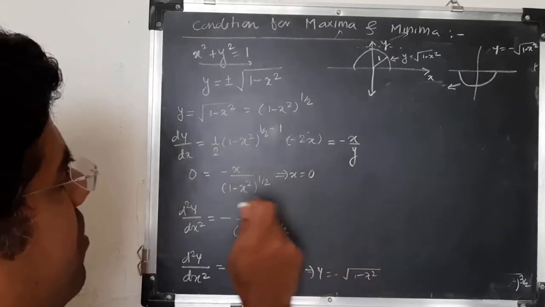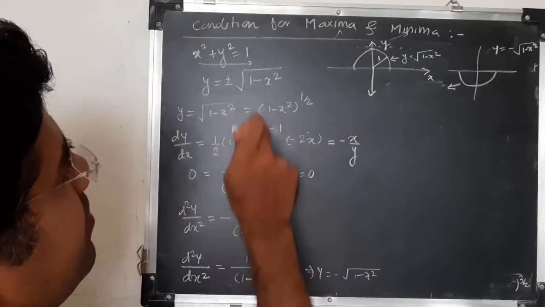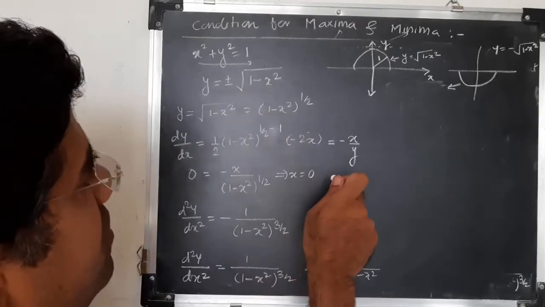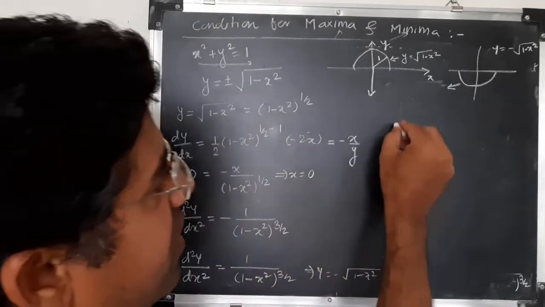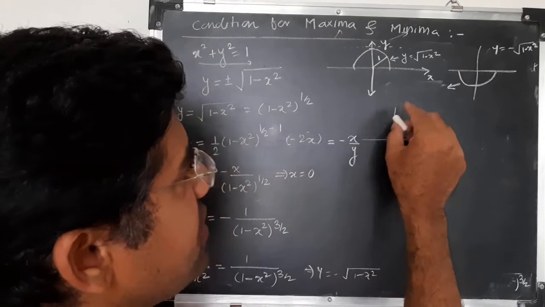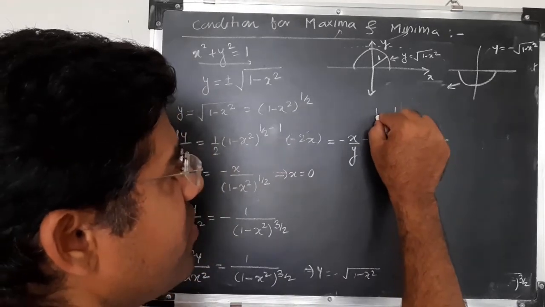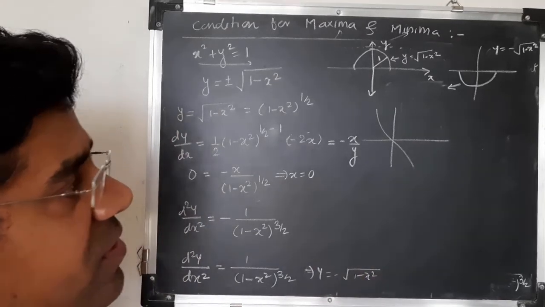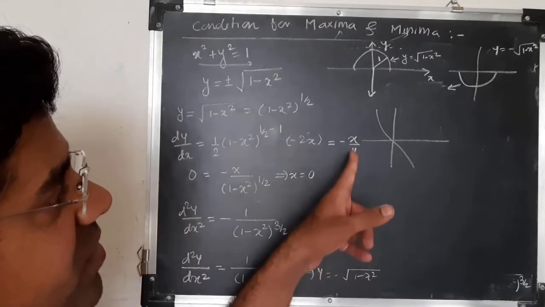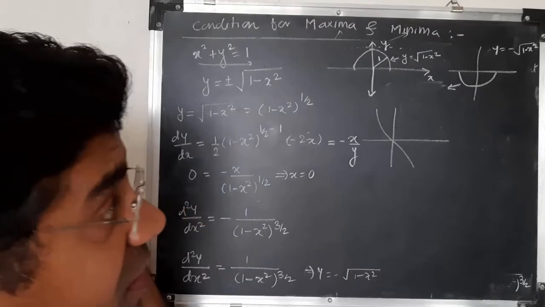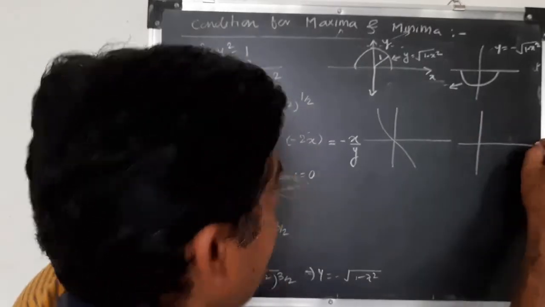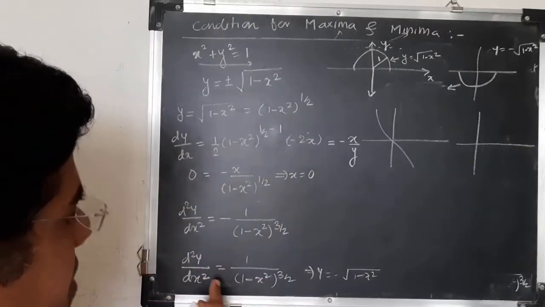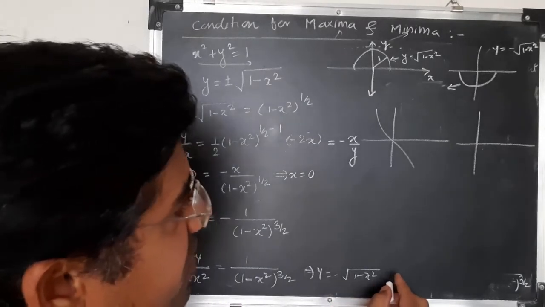Y's value is under root of 1 minus x square. So that we have taken here. So the graph in this case, I will get such a type of graph. Minus x divided by y. Suppose I find out dy by dx.